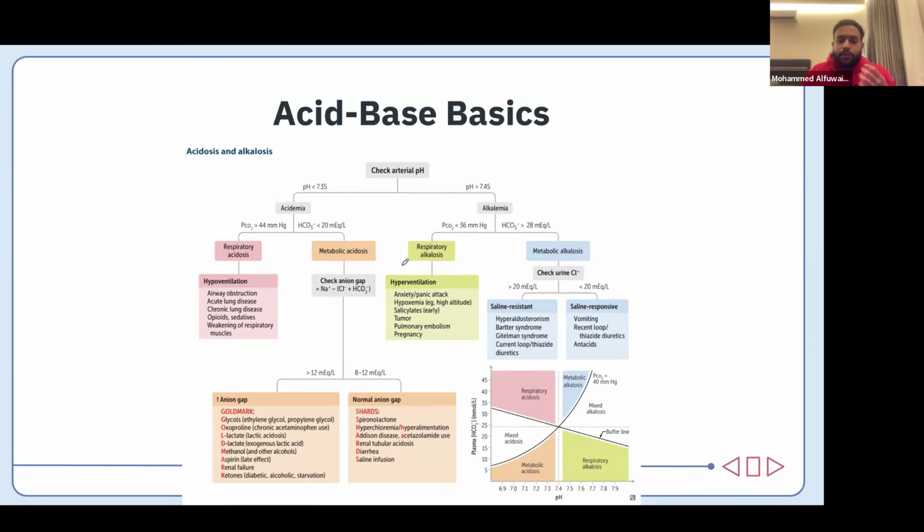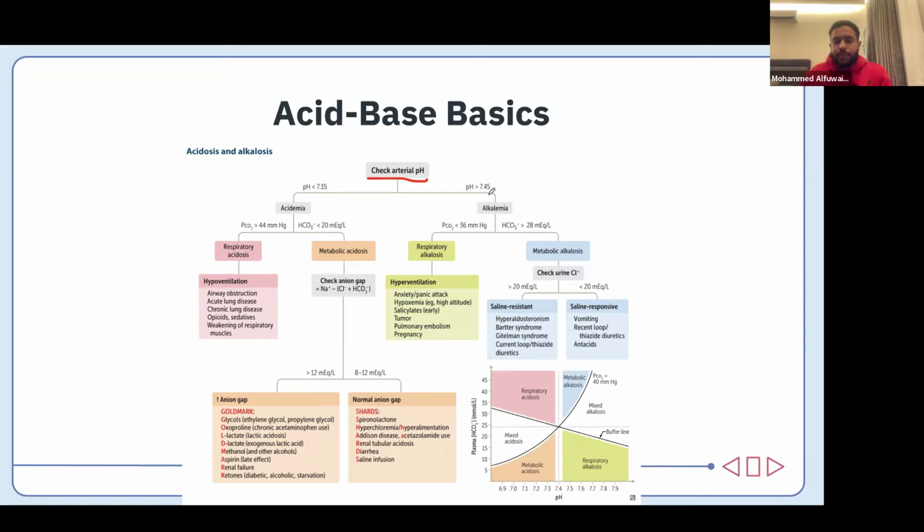Now, how do you approach any patient with an acid-base issue? First thing is you check their pH. The pH range is 7.35 to 7.45. If it's less than 7.35, what does this indicate? Acidosis. If it's more than 7.45, alkalosis. Good.